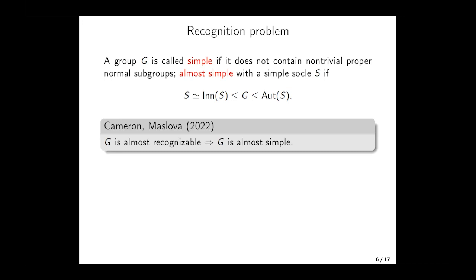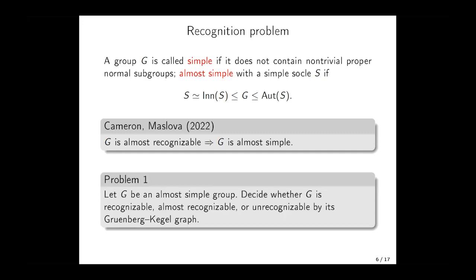So if we want to know what groups are almost recognizable, so solve a recognition problem, in this case, we should go through all the simple groups and their automorphism groups. And of course, there are examples of almost simple groups that are unrecognizable. So the arrow from the right to the left does not hold, but it is the only class in which we can possibly obtain almost recognizable groups. So it is natural to study it.